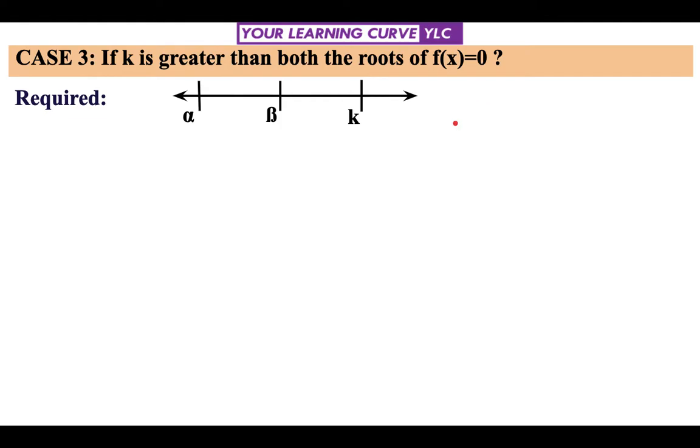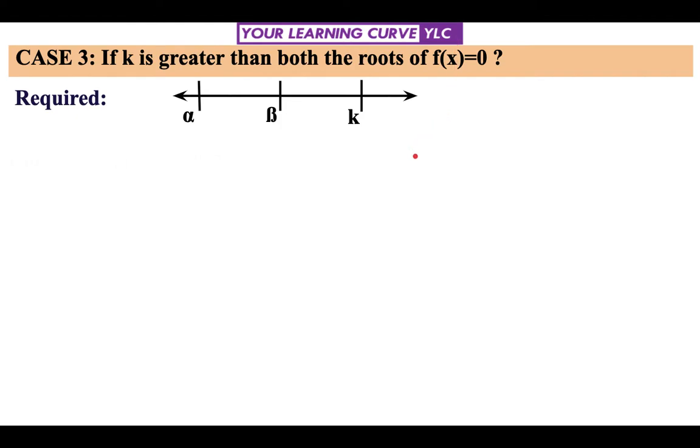So let's start forming the inequalities and required conditions. In the first two cases, we were able to make sure that our condition is satisfied by only one inequality. In the first case, a·f(k) is negative, and in the second case, f(k1)·f(k2) is negative. But in the remaining two cases, we have to form a few more inequalities.